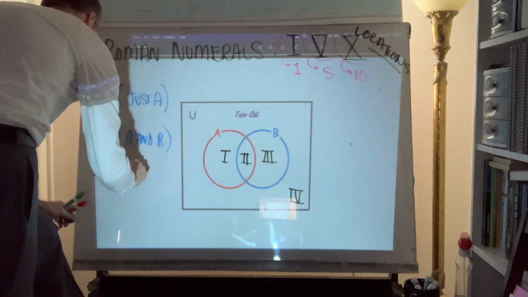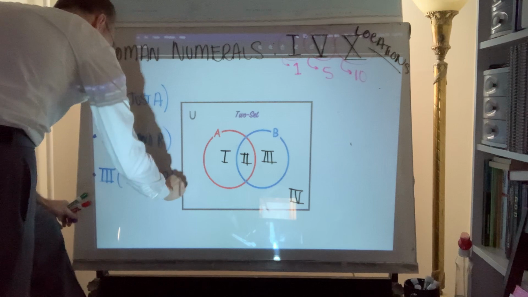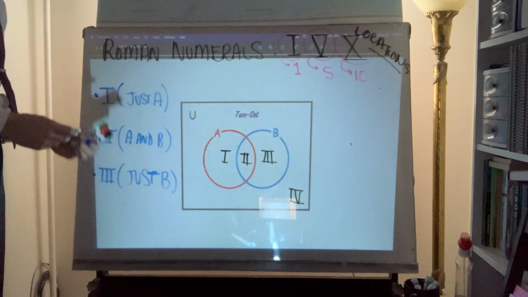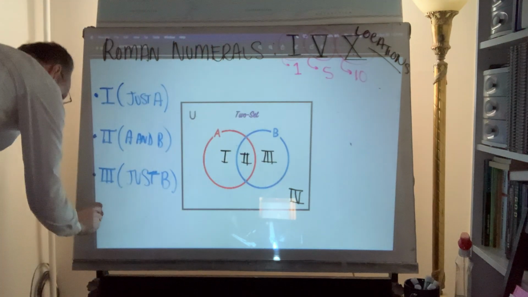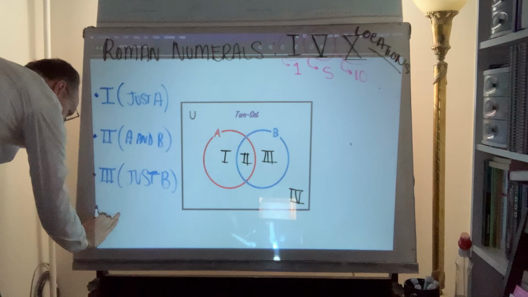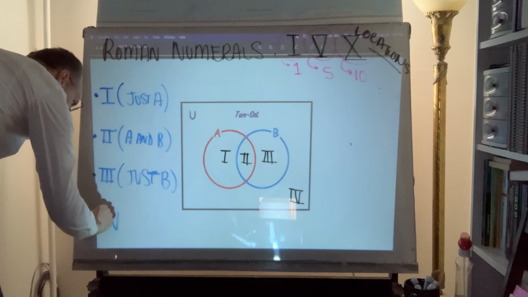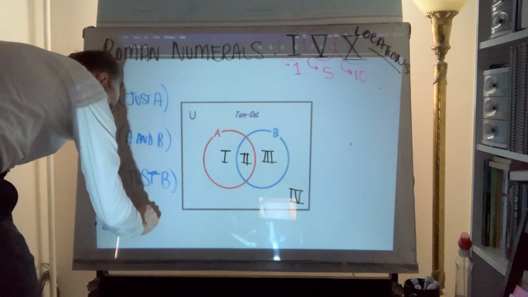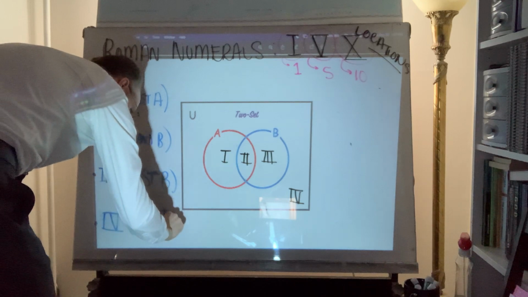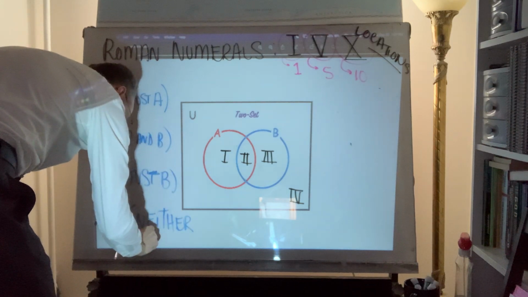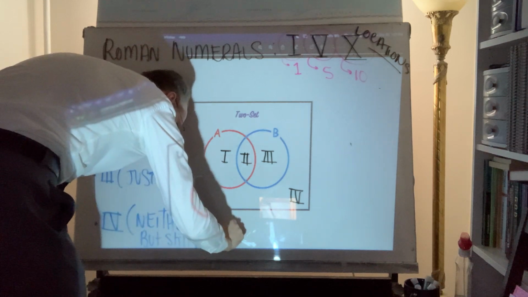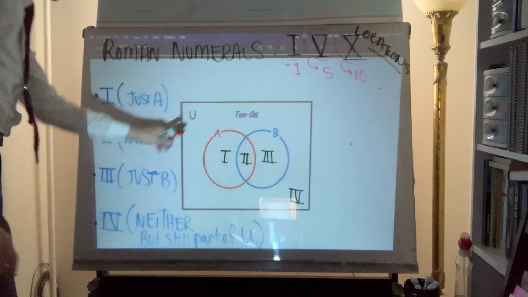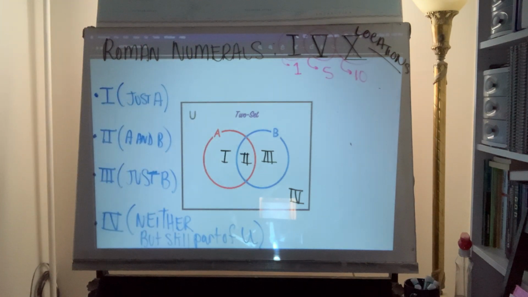It would be just B and no other. What about 4? Four would be neither, but still part of U, the universal set. This is fading out on me.